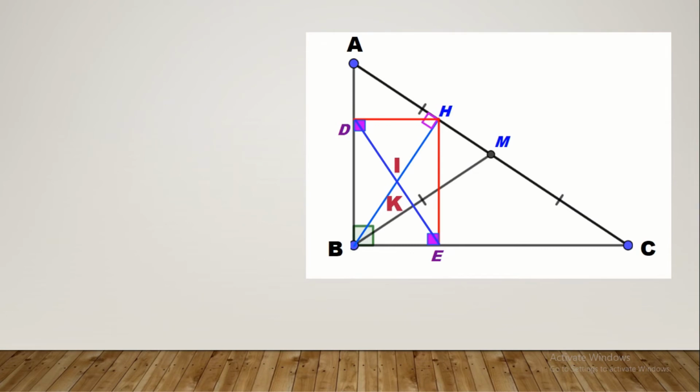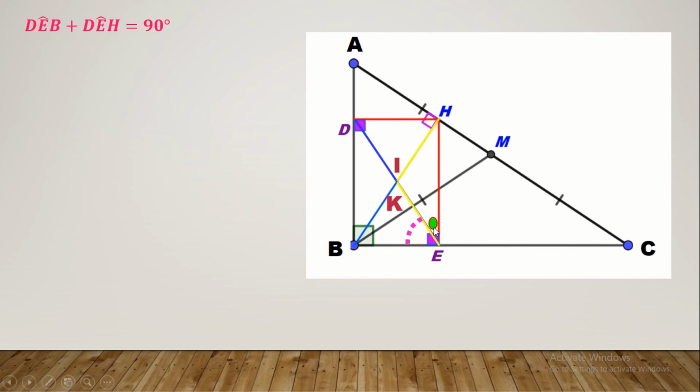So here we need to show that the sides DE and BM are perpendicular. First of all, if you note, we have here a 90 degree angle. Can't we say that the sum of the angles DEB, this angle, plus this angle here, which is DEH, is equal to 90 degrees?